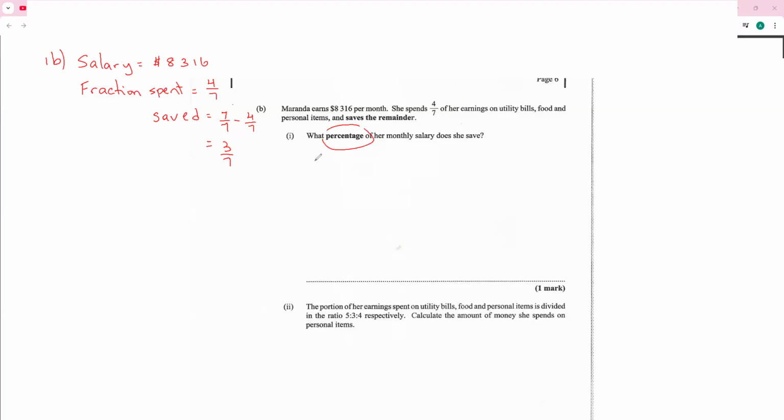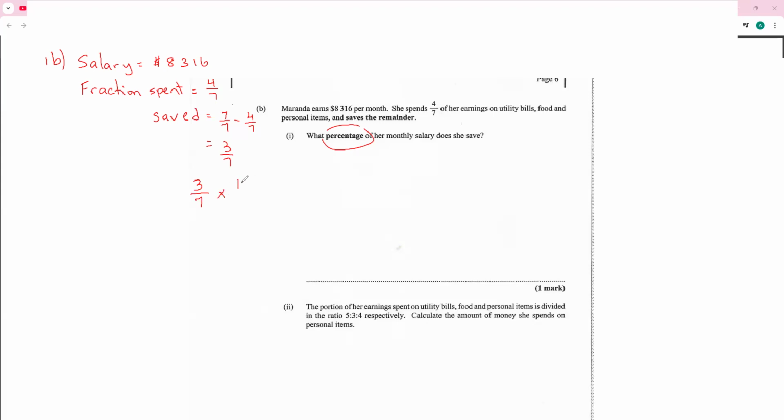So they didn't ask you what was her value. They said what was the percentage. Right? So for this one, we want to know what is 3/7 as a percentage.